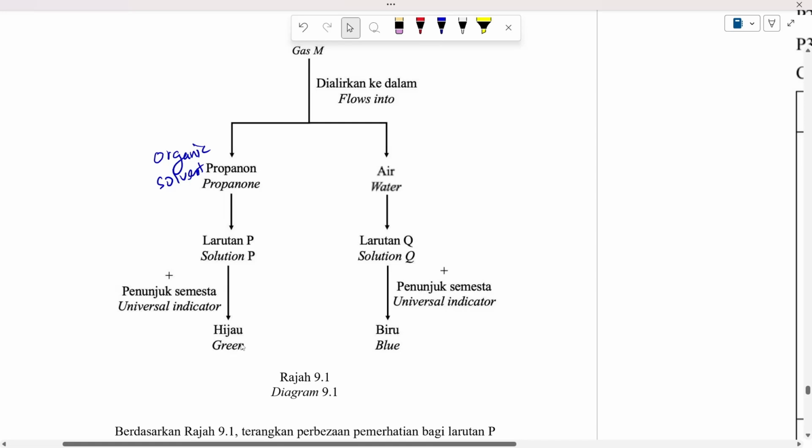So if universal indicator shows the green color, what is the property, class? Acidic, neutral, or alkali?